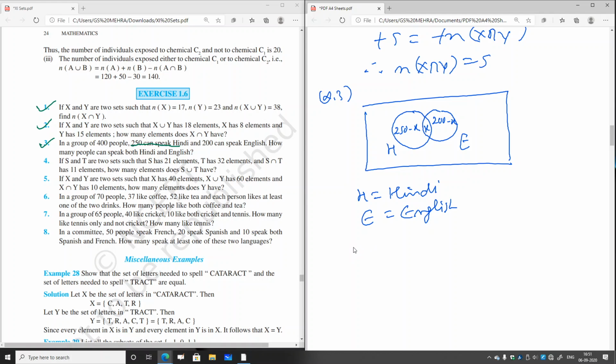So n of H union E equals, from the figure, 250 minus X plus X plus 200 minus X, using the Venn diagram. This we have got from the Venn diagram.